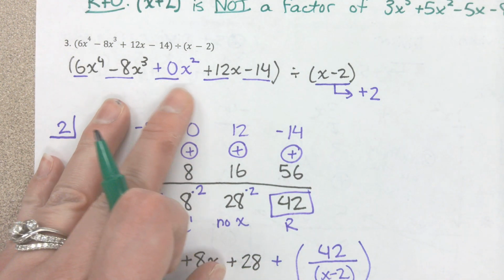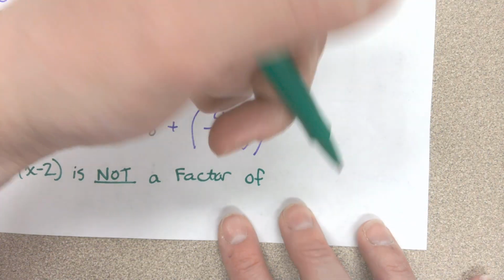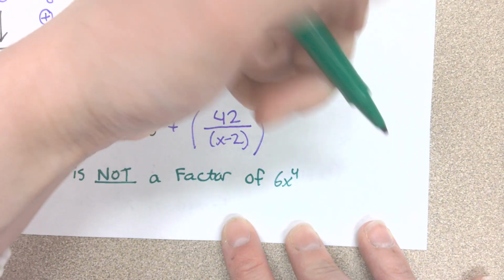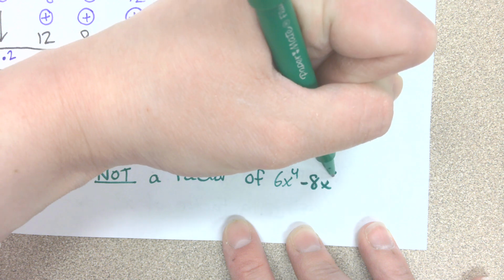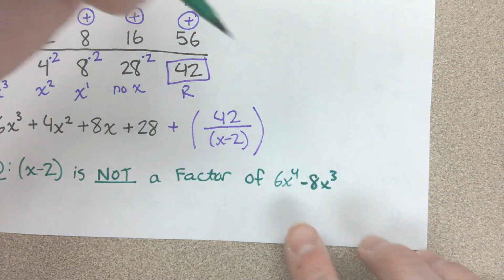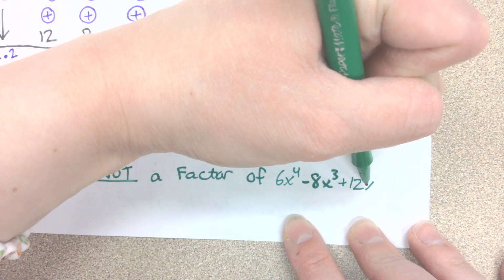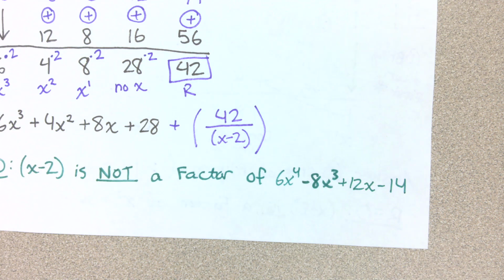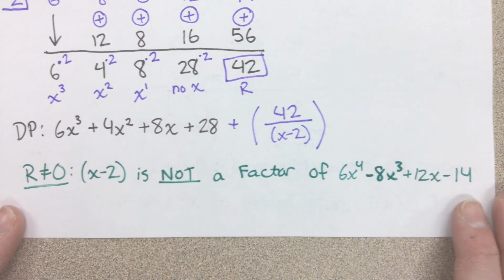You don't have to include the 0 when you write this down. 6x to the 4th minus 8x cubed plus 12x minus 14. That's our interpretation of the remainder.